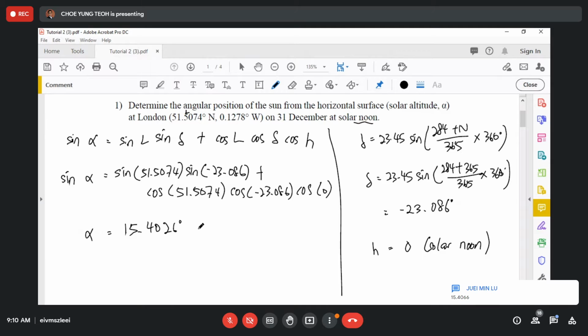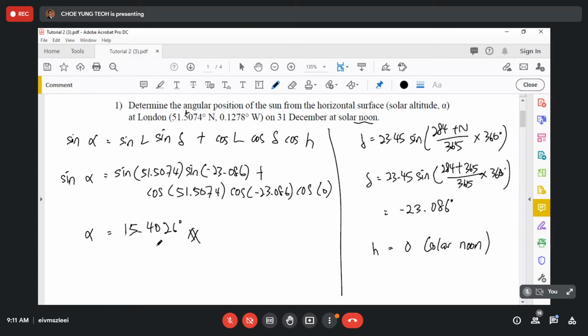Okay, so what can you notice from this altitude angle? I think it should be 15.4; 0.2657 is too little. Because this is solar noon, solar noon means that alpha is the highest value.